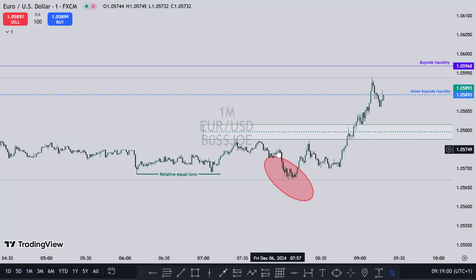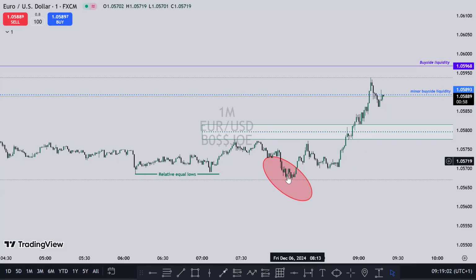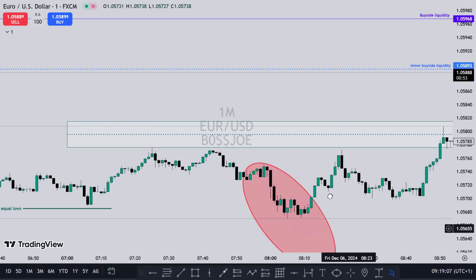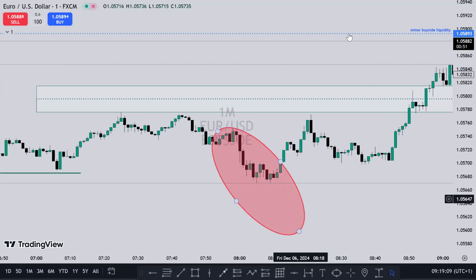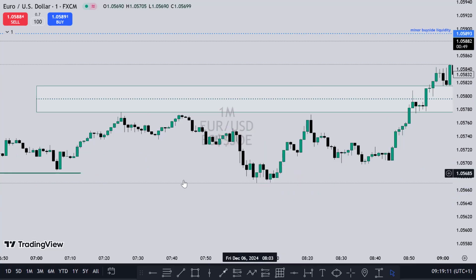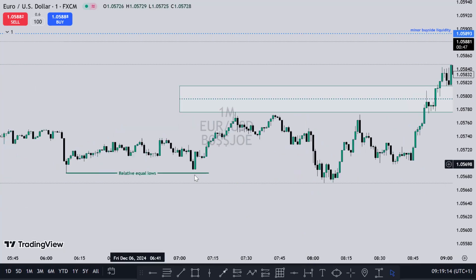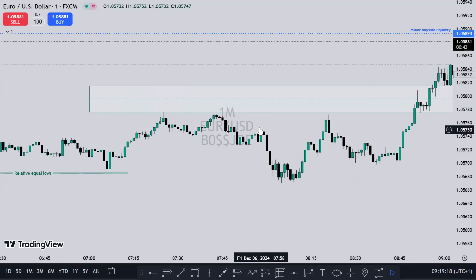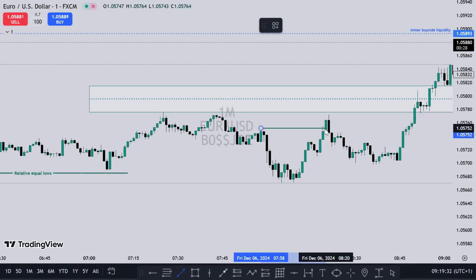This particular high. I should zoom that in so that you guys can see. Let me remove this as well. So we say this low has swept our relative equal lows right here. Then the next thing you go over to is the swing that broke that, which is this candlestick high. Have you seen this? Hope you are seeing what I'm showing you. You annotate that.